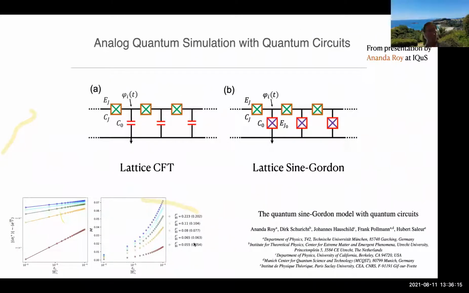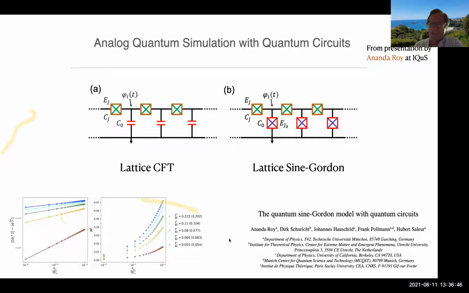Now, there have been some amazing advances in technology and simulations of technology, and I'm certainly not going to be able to do justice to them all during this talk. One that came out of left field for me was quantum circuits, and the fact that you can set up circuits of Josephson junctions and capacitors to perform analog simulations of scalar field theory, where the scalar field is identified as the superconducting phase.